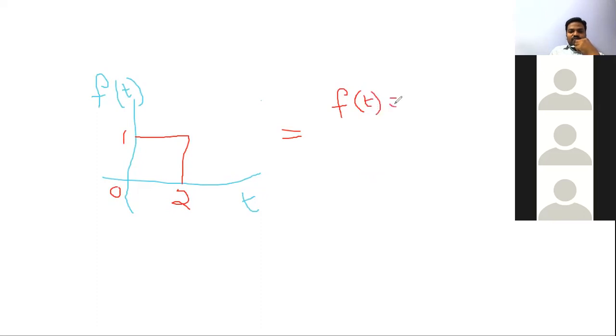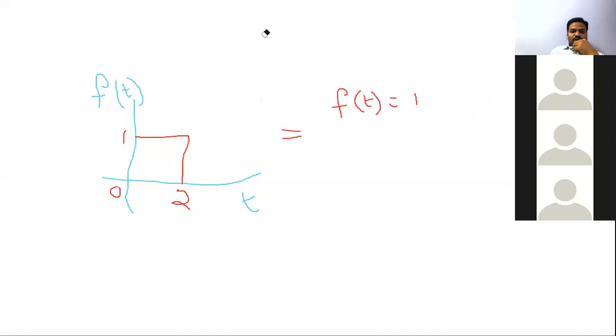So f of t is equal to 1 for t, not t here, please do remember.